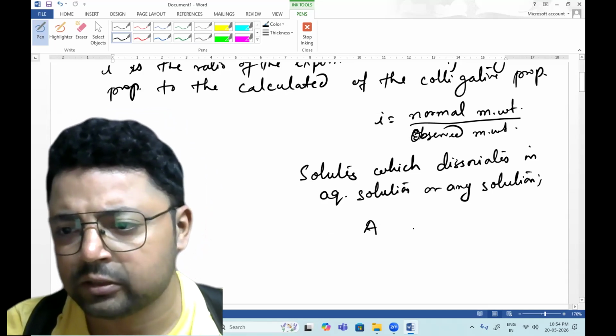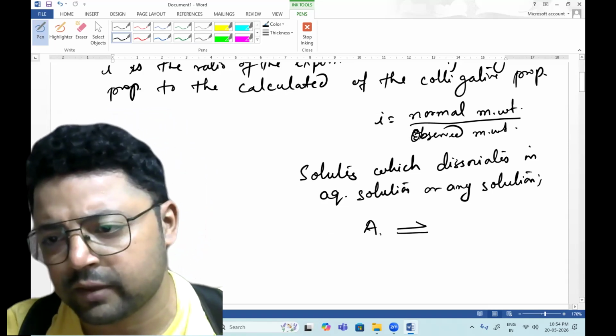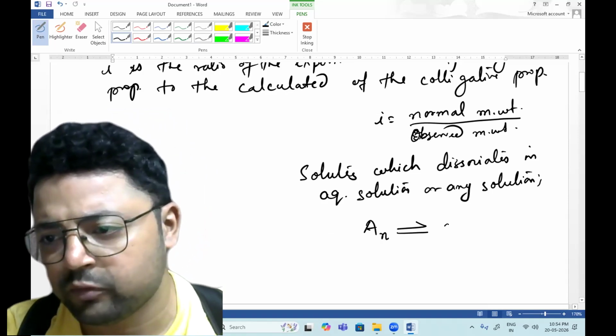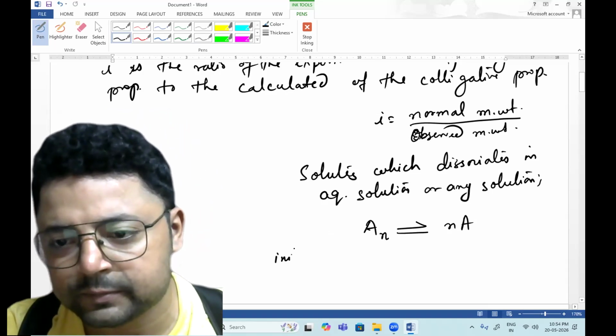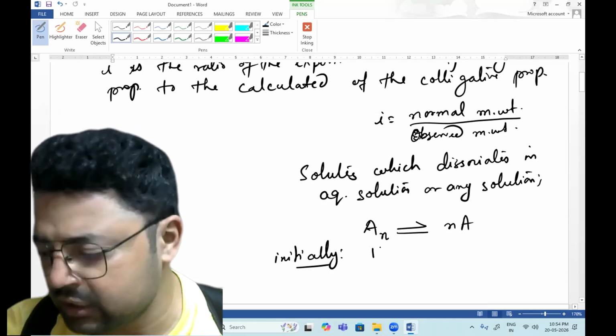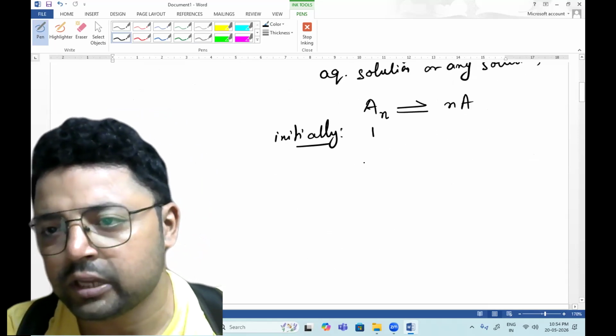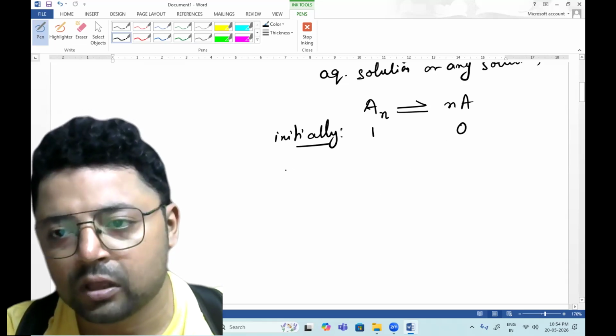Now, suppose I have A, which is going to get dissociated. Like if I'm giving AN, it will be forming Na like this. So initially, if AN is 1, okay, initially means at time 0, Na will be 0.